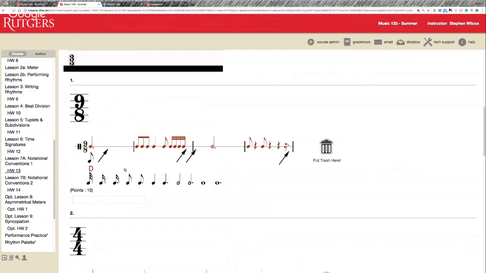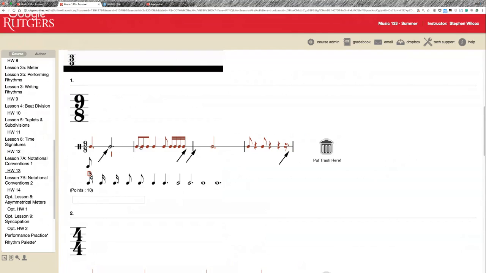If I divided into 9 eighth notes, I'd have 3, right? 3 here already, so I need 6 more eighth notes to fill this up. So let's grab one of these guys. A dotted half. And a dotted half is a half note plus a quarter, so 6 more eighth notes.